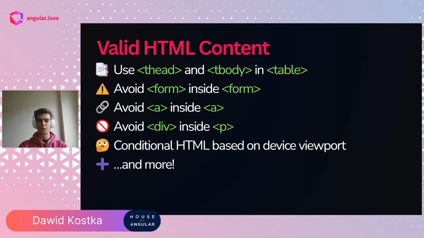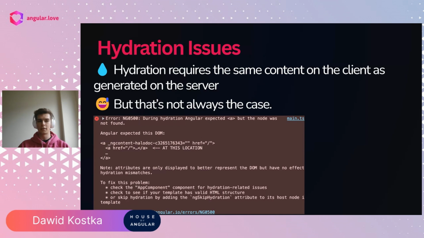We cannot nest forms and anchor tags inside of one another, and we are not able to create content on the SSR that renders based on the device viewport because we simply don't have that information. And if we try to break any of these rules, Angular will simply remind us that we have a DOM mismatch, meaning that our server-side content was rendered differently than the one that was rendered on the client side.